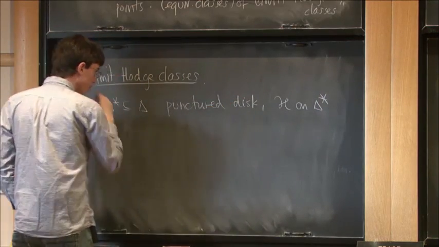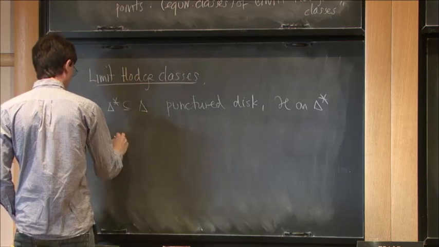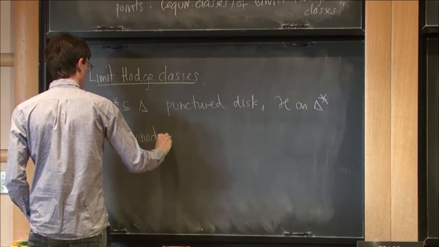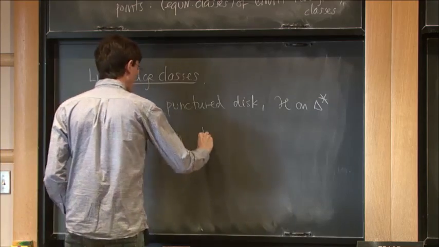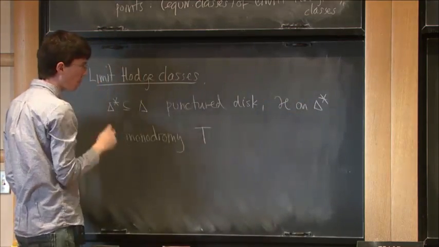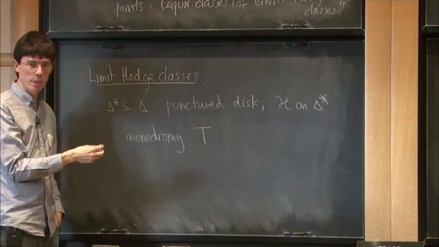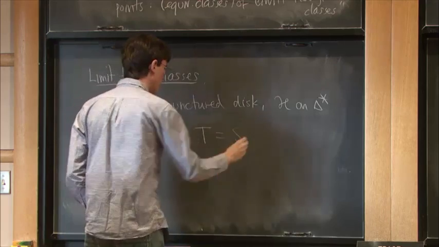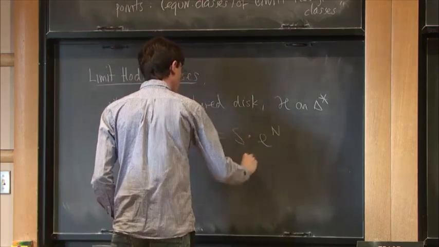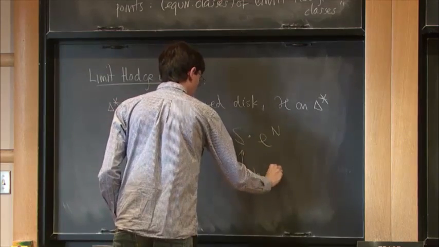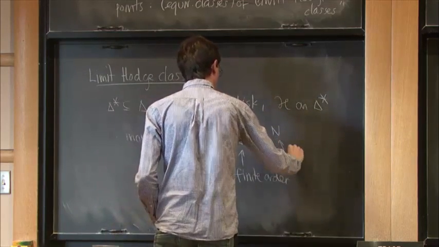This H has the monodromy transformation that I'll write as T, corresponding to some choice of generator. Because I'm working with things defined over the integers, it's quasi-unipotent. So I can write it as some semi-simple part times some unipotent part, where the semi-simple part has finite order, and N is nilpotent.